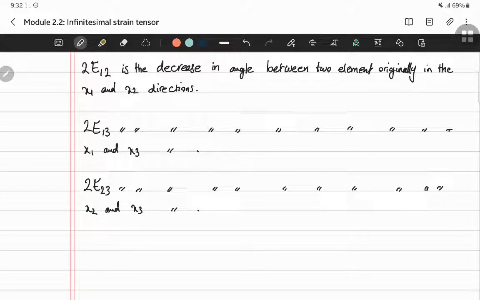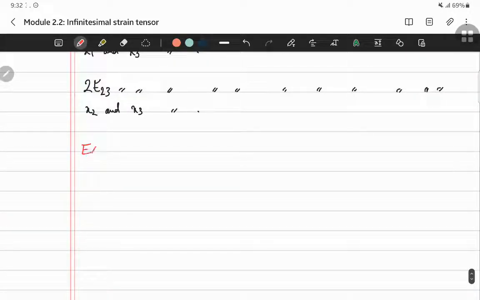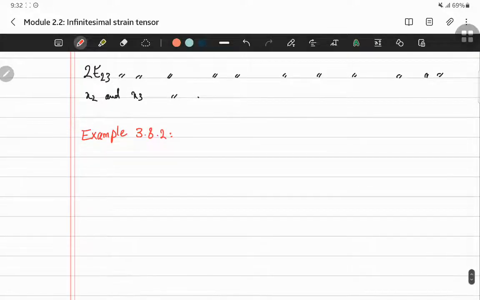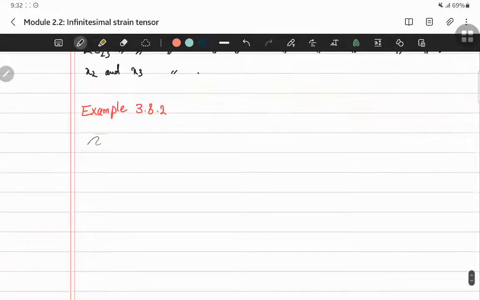So maybe it is a good idea to solve example 3.82. So basically what we have here is a displacement field, hopefully in the material coordinate. This is very, very important because what we developed is in material coordinate, not in a spatial coordinate.